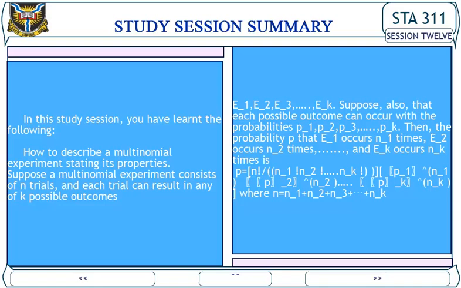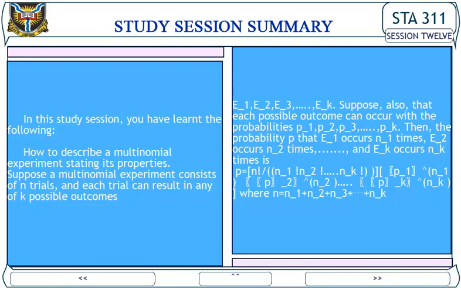Summary of study section 12. In this study session, you have learned how to describe a multinomial experiment, stating its properties. Suppose a multinomial experiment consists of n trials, and each trial can result in any of k possible outcomes, E1, E2, E3 to Ek.